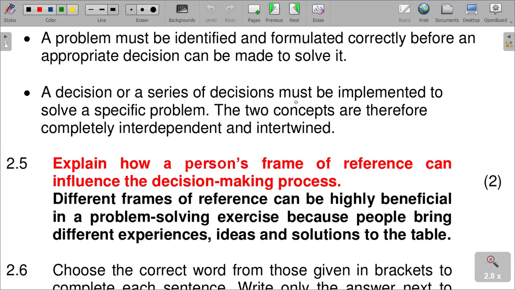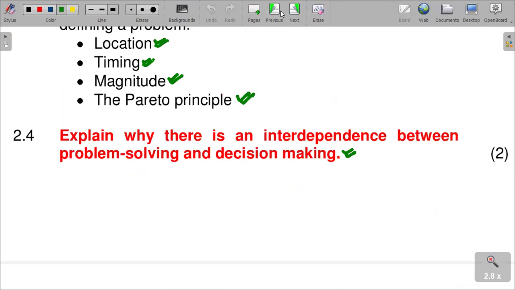So the point is that the problem must be identified and formulated correctly before any appropriate decision can be made to solve it. The question is saying, why is there a relationship between problem solving and decision making? Do we have that problem? Yes, we do. And how is the decision to be made?